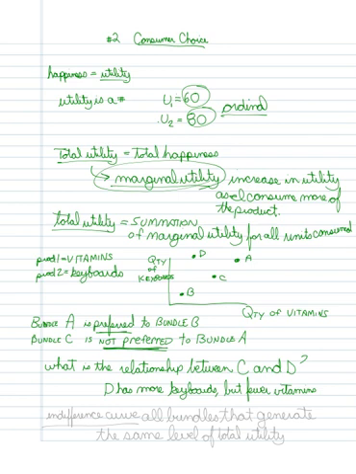What an indifference curve does is it traces out all the bundles that generate the same level of total utility.